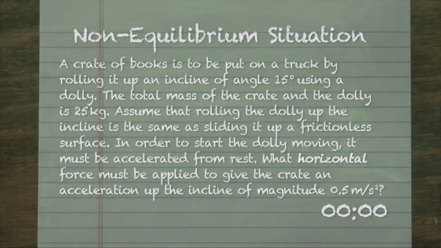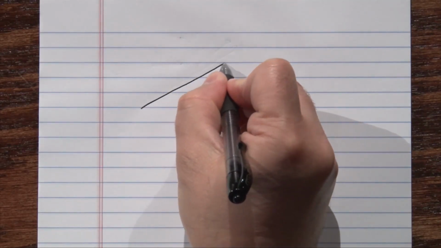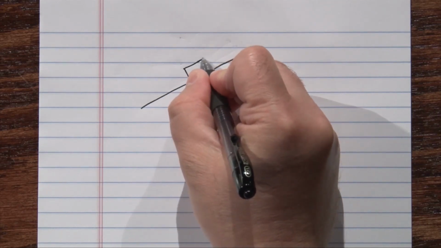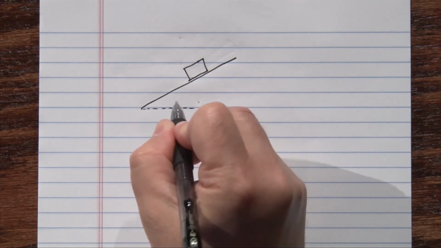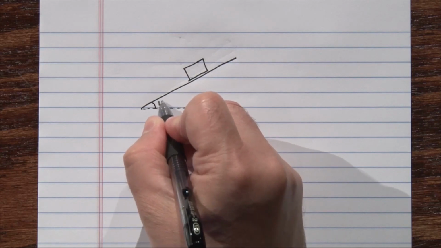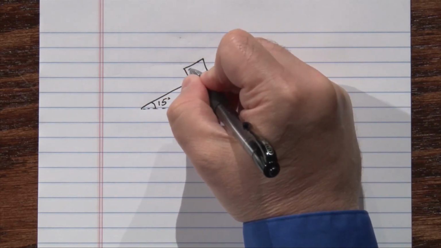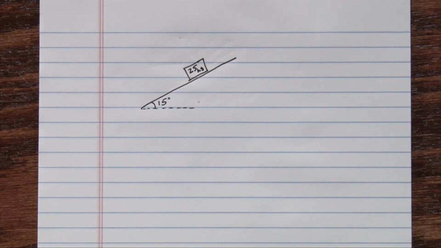Okay, we start by drawing a diagram. I'll draw the ramp. Here's our ramp, and here's our crate on the ramp. We are told that the ramp makes an angle of 15 degrees with the horizontal, and that the crate has a mass of 25 kilograms.